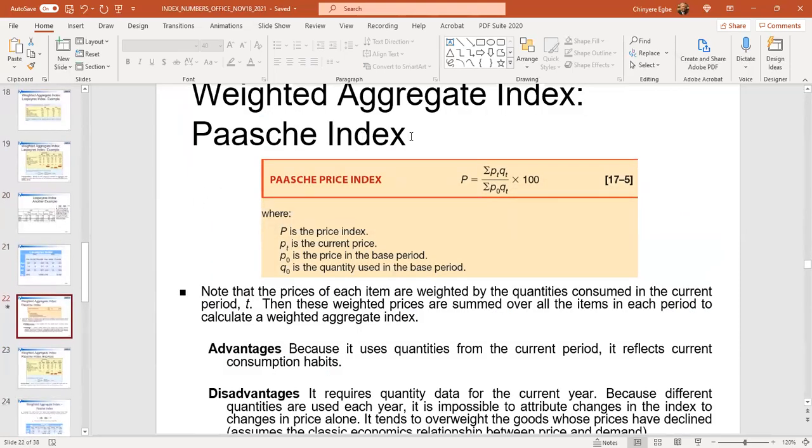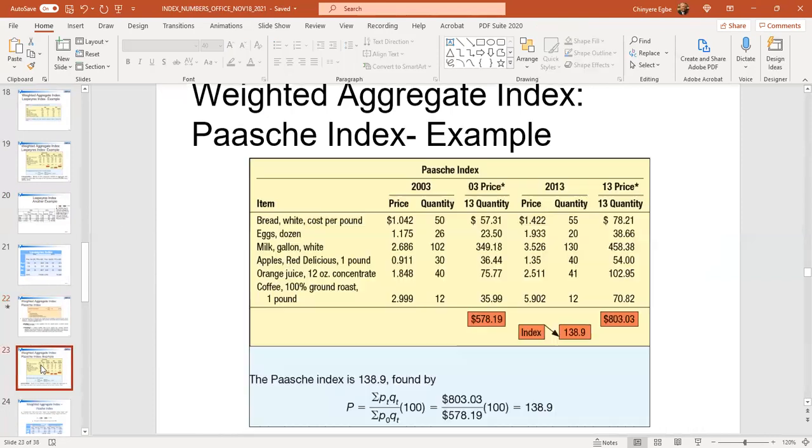Now, there is what we call the Paasche index. Okay, the Paasche index uses a different method. Okay. And so what does the Paasche index mean? Now, it simply looks at that we are now weighting the price. We're now looking at the quantities for the future period. Okay. We are comparing them to the quantities for the base period.